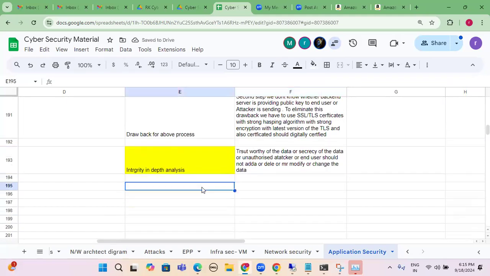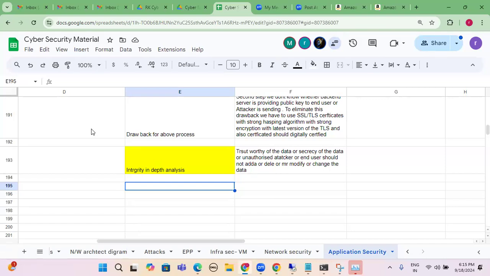So how can integrity be measured? Anyone? How can integrity be measured? Based on hash value and checksums. Exactly, hash value. That's correct. Now, can data be modified and in how many ways? Data can be modified. For example, if I'm giving a cybersecurity material document to everyone with an edit option, what will happen? Data will always be changed by all the people, knowingly or unknowingly, intentionally or unintentionally, or maybe because of typo issues.